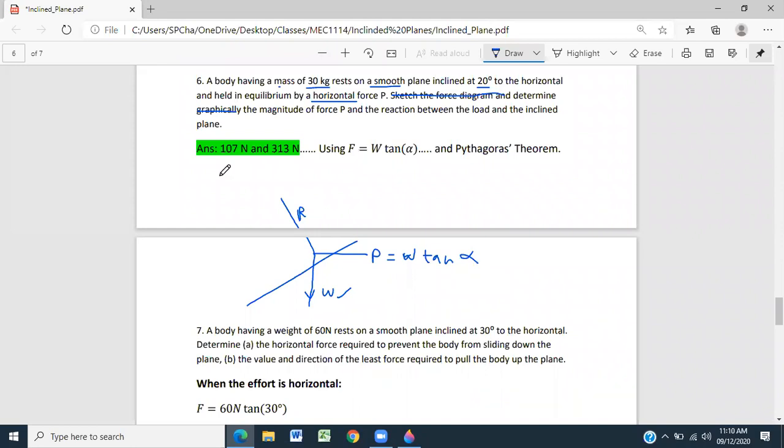You should get 107. Yes, sir. That's correct. All right, good. So now, knowing this, we have W here, going there. We have P here, right angles. Slide P down, P.